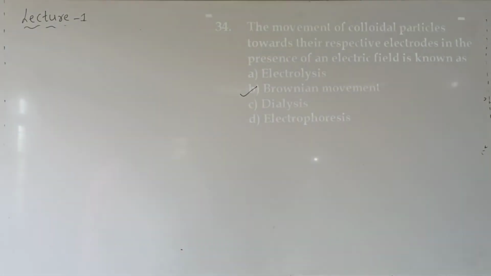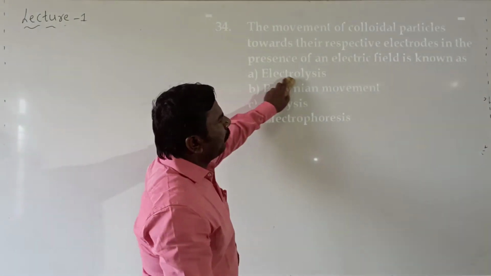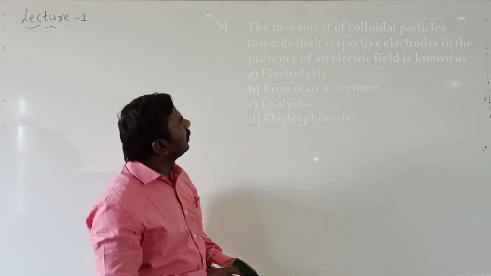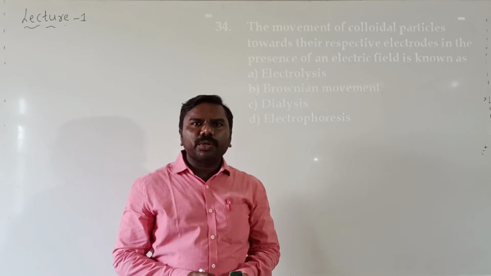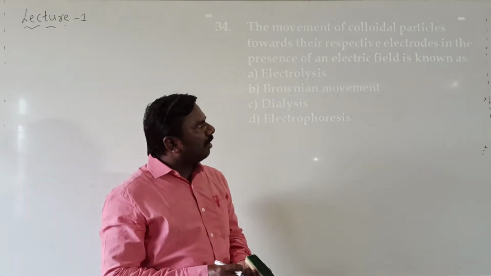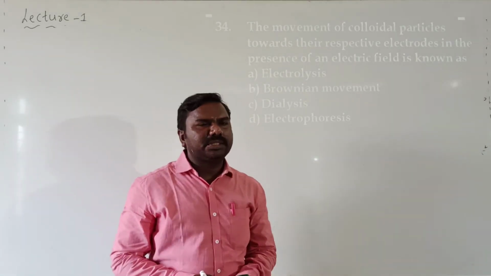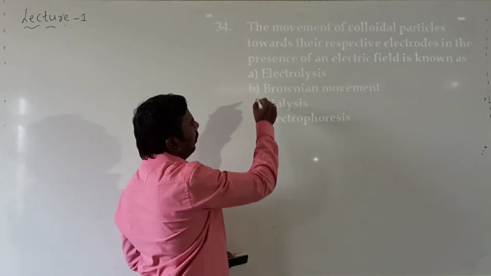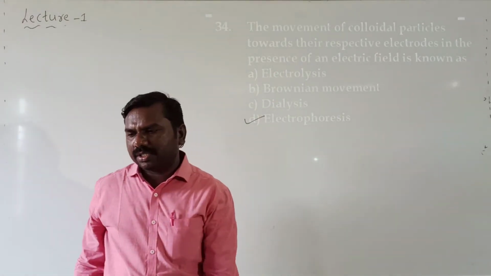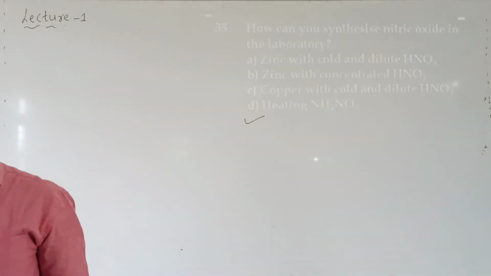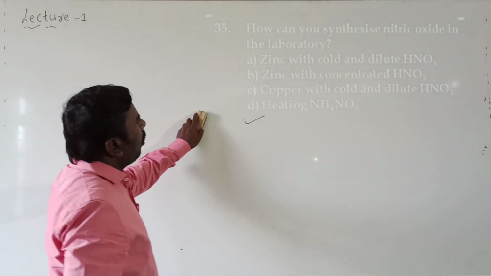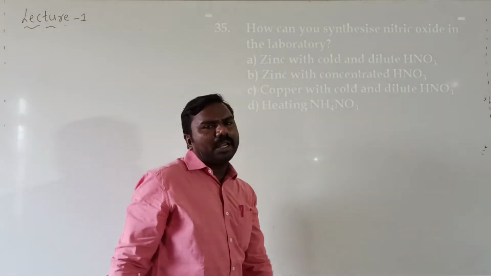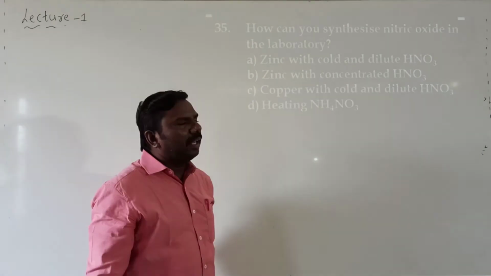Next. The movement of colloidal particles towards their respective electrodes in the presence of an electric field is known as electrophoresis. Right? That is the definition. Next. How can you synthesize nitric oxide in the lab?